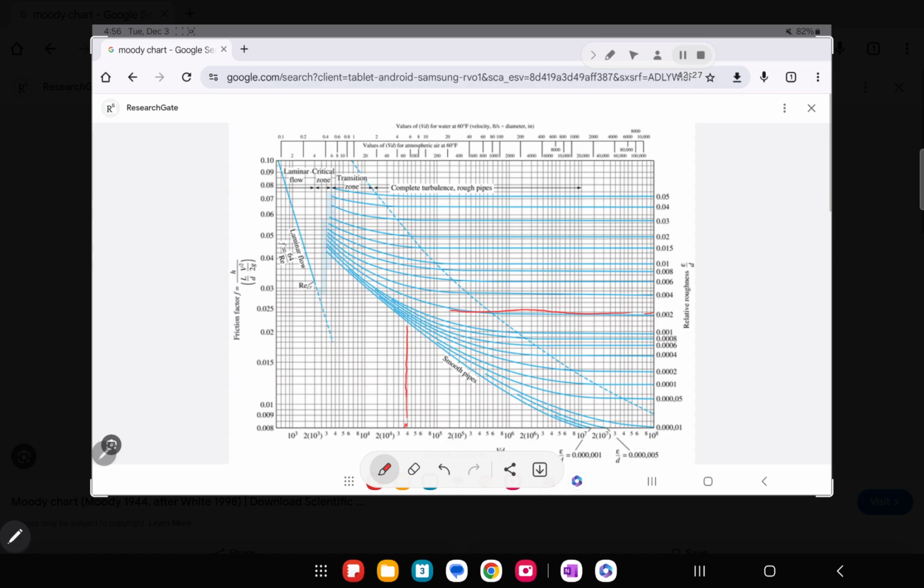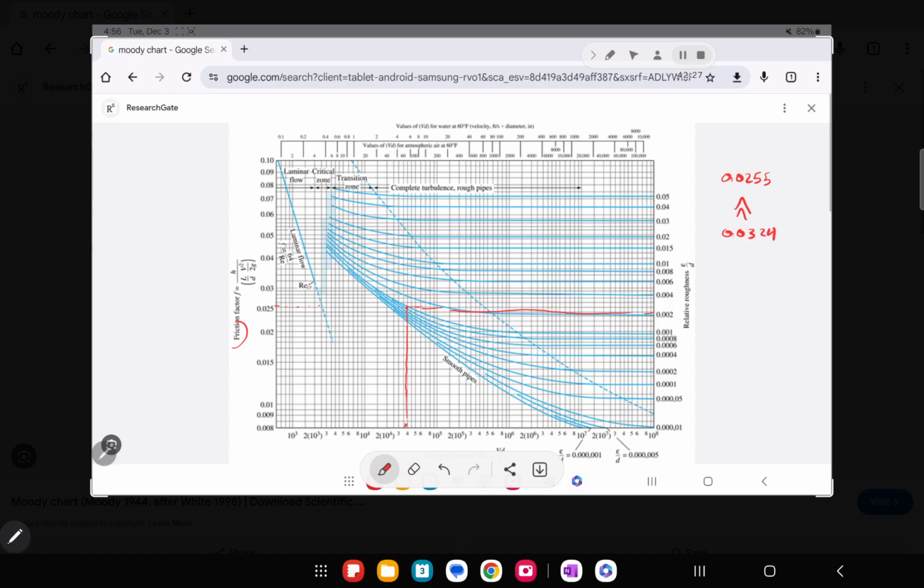So we are here, and this point shows us the friction factor. The friction factor for this Reynolds number and this relative roughness is around 0.0255, but what we got was 0.0324. It's much greater than this one.